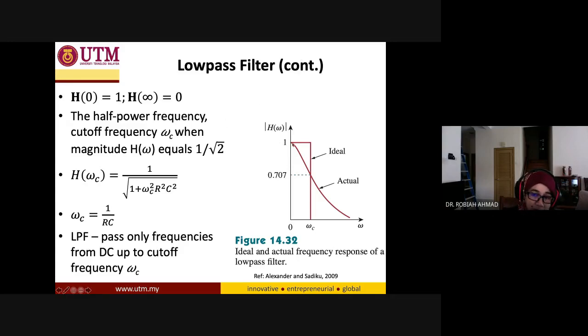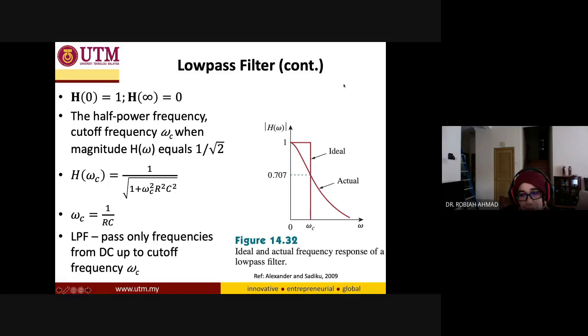If our signal is 1, when the signal starts to reduce to 70.7%, that is where the cutoff frequency is. After that, the signal starts to attenuate. And how can we calculate that? We equate the magnitude of the transfer function with our equations, and we can find RC. In this case, omega C is 1 over RC. So only frequencies up to the cutoff will pass through this filter.